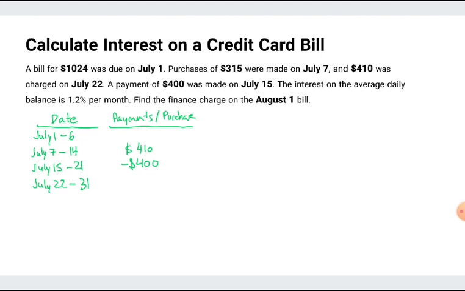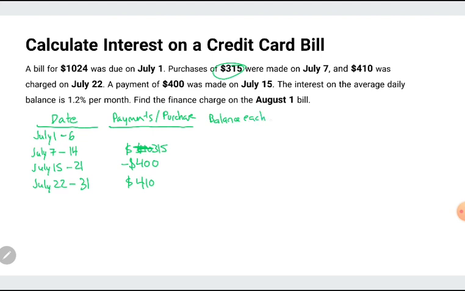And then July 22 to 31, I made a purchase of 410. Okay, I'm sorry, I made a mistake. I made a purchase on July 7, 315.